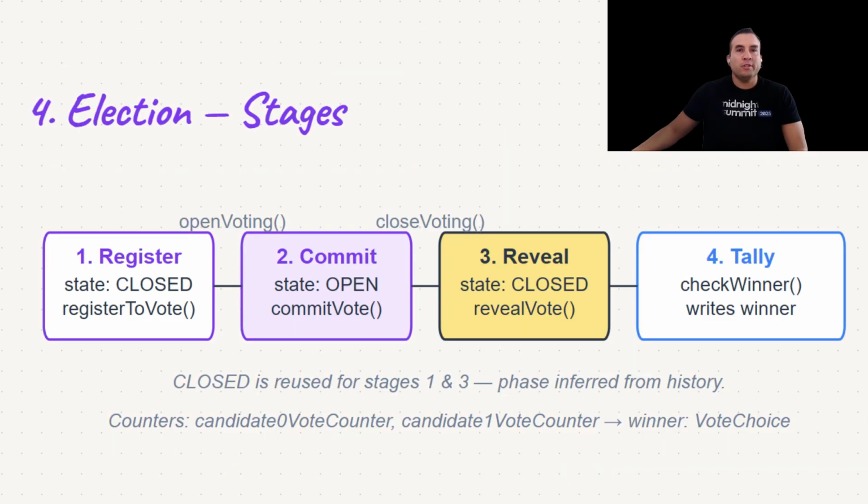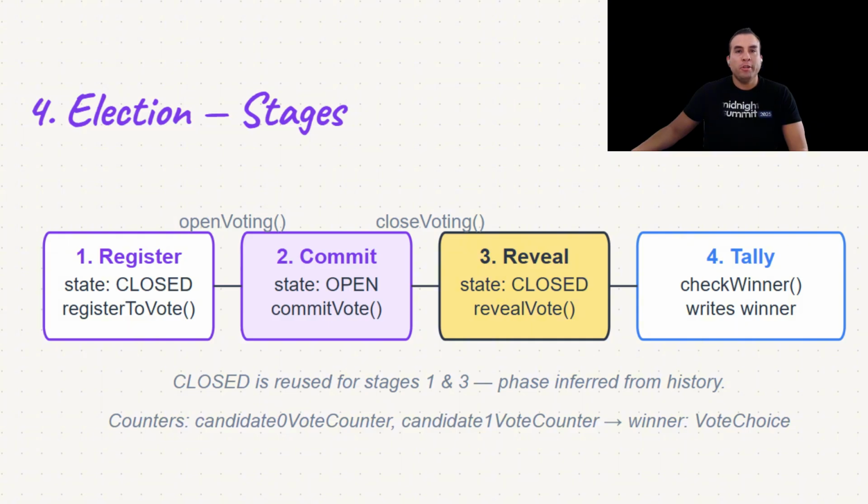Four stages laid out left to right. Stage 1. Register. Anyone who wants to vote calls register to vote. Voting state is closed. Then the organizer calls open voting and the state flips to open. Stage 2. Commit. Voters call commit vote.